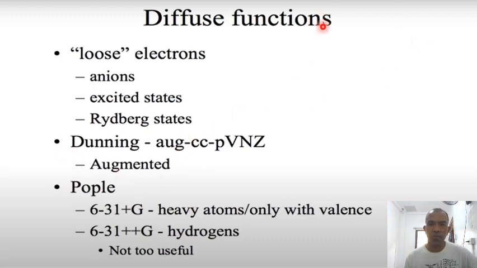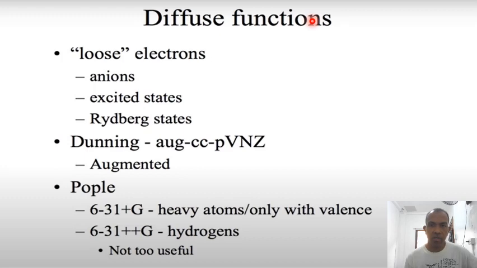These augmented functions, or diffuse functions, are indicated in Dunning basis sets by aug, or in Pople basis sets by a plus. A plus means there are diffuse functions on the heavy atoms, usually in the valence space.